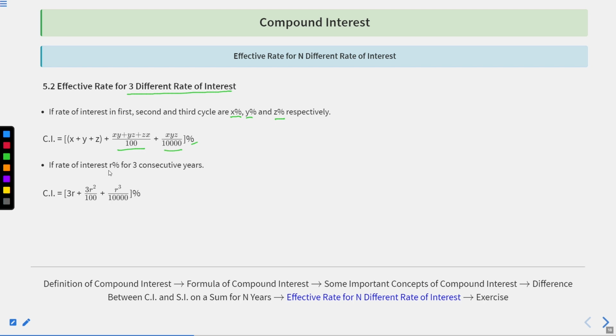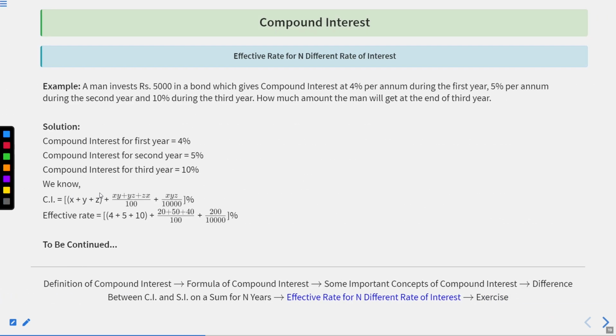So if the rate of interest is R% for 3 consecutive years, CI is equal to 3R plus 3R square upon 100 plus R cube upon 10,000.